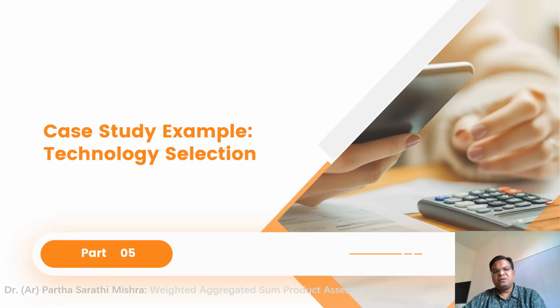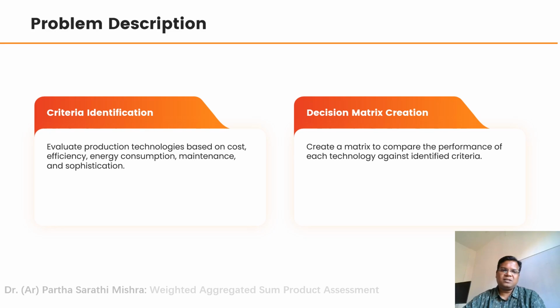Next, through a case study, let's try to explain technology selection and criteria identification. Suppose we want to do a technology based evaluation. Mainly the parameters will be: cost, which by default is a cost variable. Efficiency, if the efficiency is increasing it is good for us, so it is a benefit criteria.